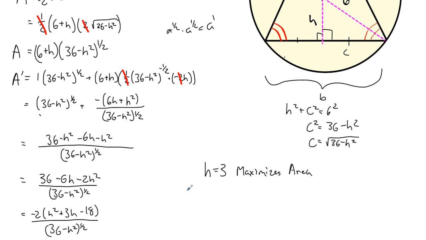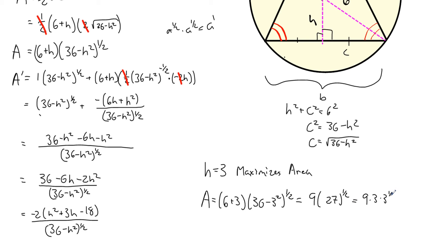Well, here's our area equation. So I could go A equals, let's see here, it'll be 6 plus 3, and then 36 minus 3 squared to the 1/2, which would be 9 times 27 to the 1/2, which would be 9 times 3 times 3 to the 1/2, which would be 27 square root of 3.